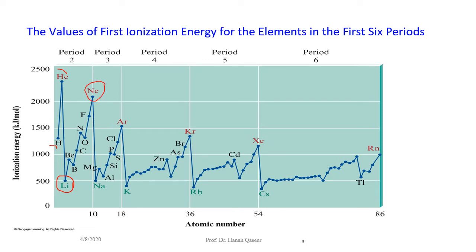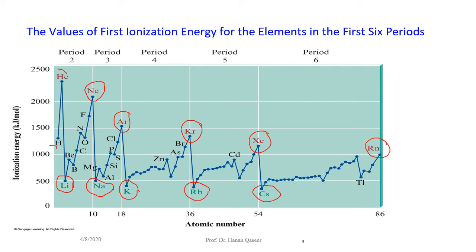Period 3 starts with another alkali metal, sodium, and ends with argon, a noble gas. Period 4 starts with potassium, an alkali metal, and ends with krypton. Period 5 starts with rubidium and ends with xenon. Period 6 starts with cesium and ends with radon.